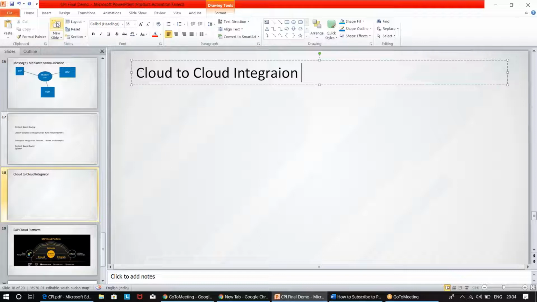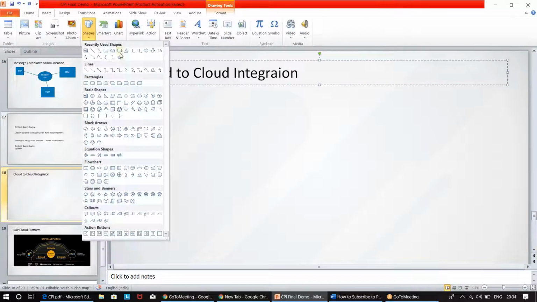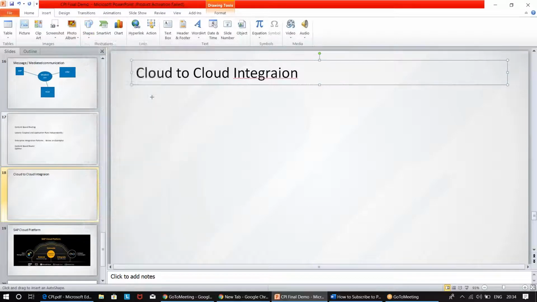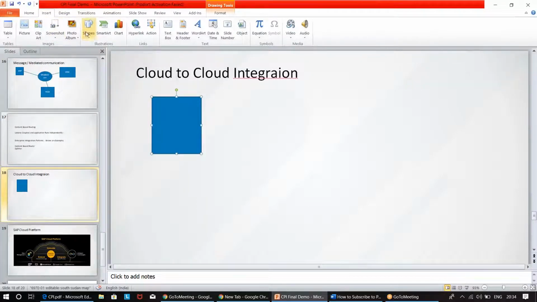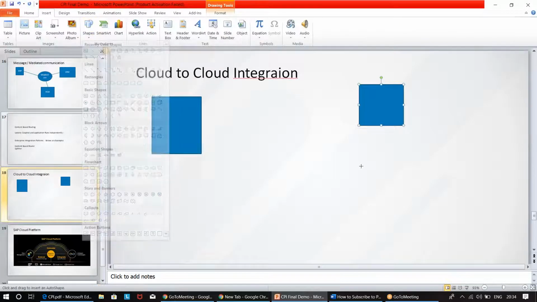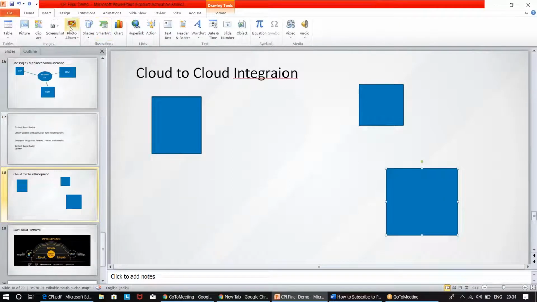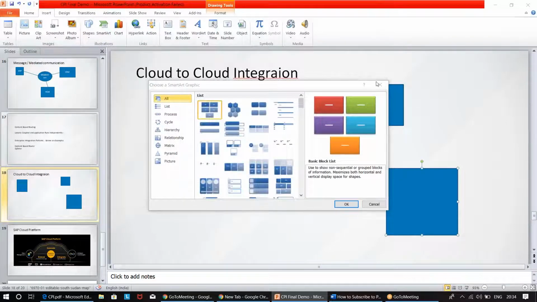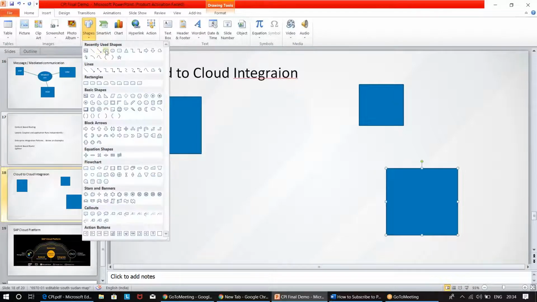So right now, let me just draw one standard so that you every time remember that. Let's say this is one of your cloud applications. Might be this is some other application B, and might be if I draw here C, and I just try to take something which is more in terms of your cloud.